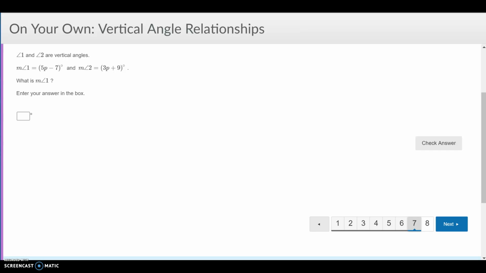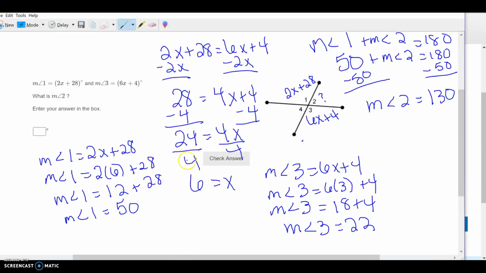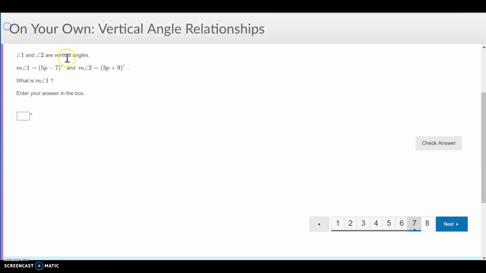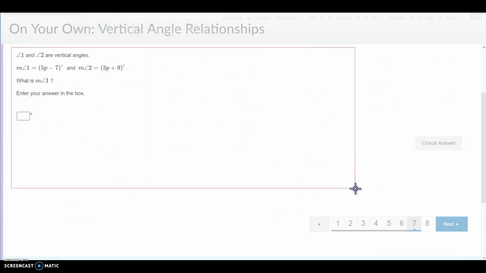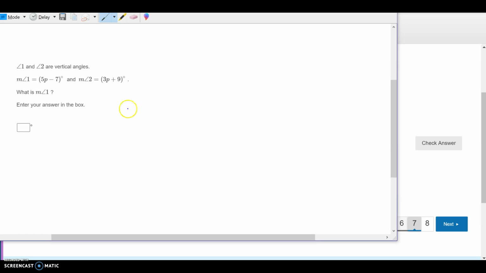Alright, snip, let's try this one. Alright, vertical angles, measure of angle 1 is 5p minus 7, the measure of angle 2 is 3p plus 9. So we set them equal, 3p plus 9 equals 5p minus 7. I just wrote them backwards, that is okay.